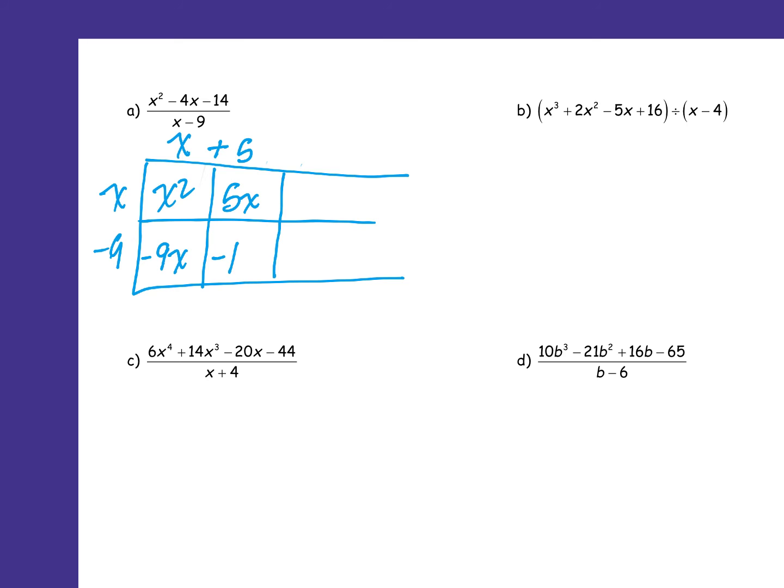So this would be negative 40. Maybe if I could write. Negative 45. And then what do I add to negative 45 to get negative 14? I believe that would be 31. So that would be plus 31 divided by x minus 9.